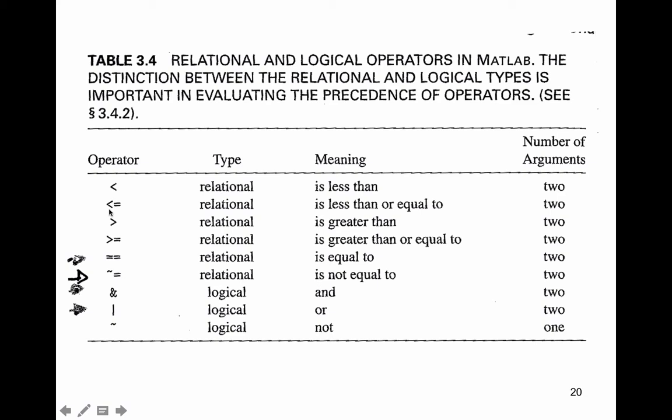So this is just a matter of typing it in a certain way. So there's less than or equal to, larger than or equal to. Now, this is an interesting one. So this is equal. If I want to test whether two things are equal, my problem is that I'm already using the equal sign for assignment.